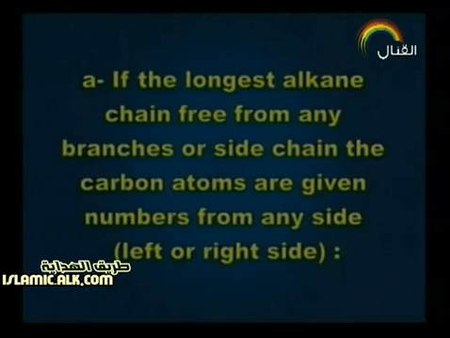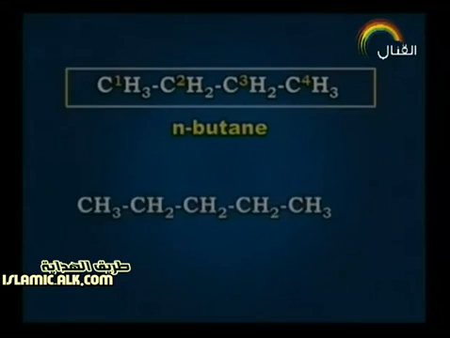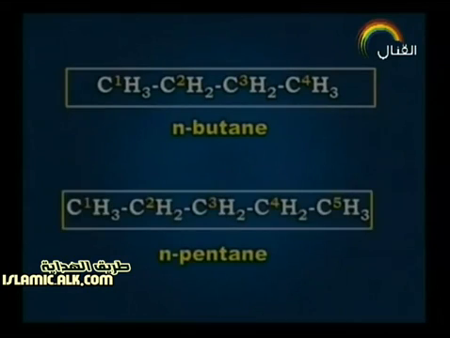If the longest alkane chain is free from any branches or side chains, the carbon atoms are given numbers from any side, left or right. As shown on the screen, it will be normal butane or n-butane, and here also it is called normal pentane or n-pentane, as a straight chain without any branches.